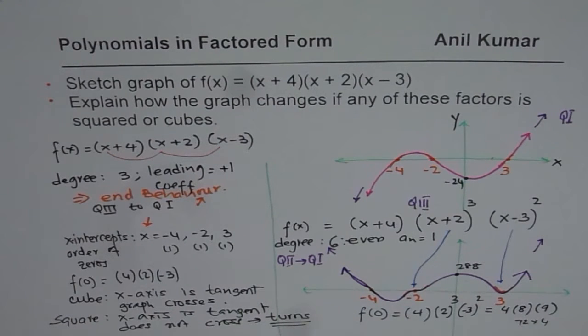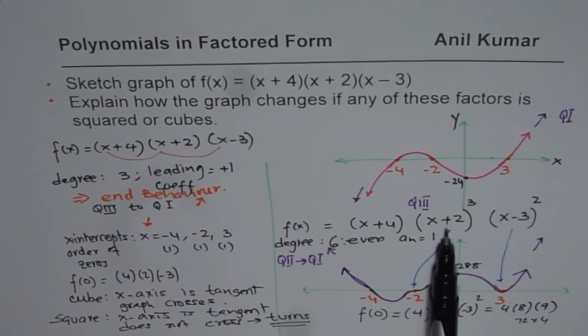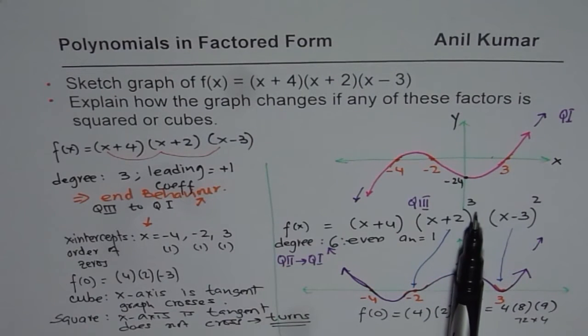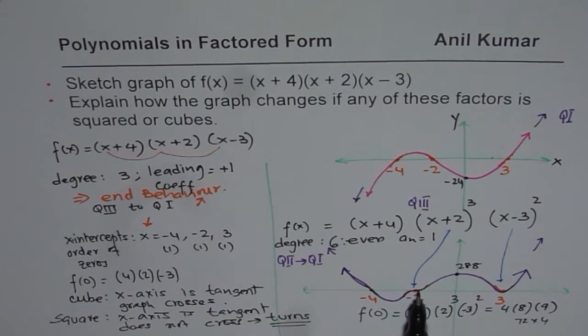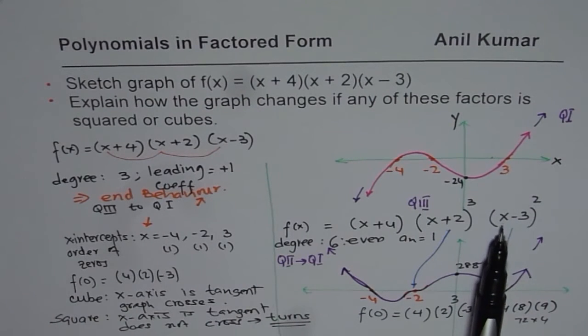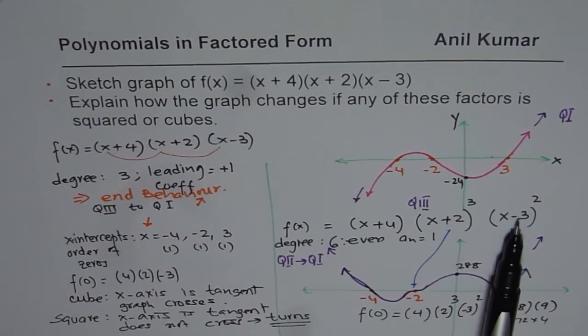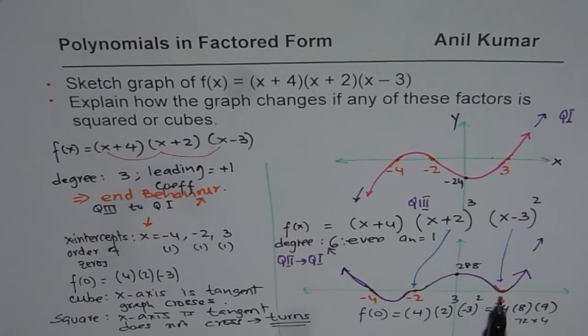I hope the concept is clear to you. Whenever you change the factor from linear to cubic, the x-axis becomes tangent and the graph crosses. But if you change it from linear to square, or even, there's a turning point, and the x-axis is still the tangent.